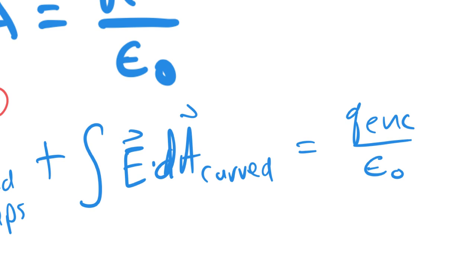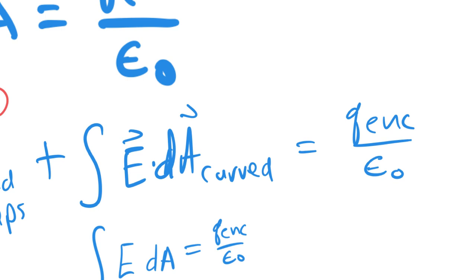And so this we can just write as the integral of the magnitude of E times the magnitude of dA times the cosine of theta between them. Theta is 0, so cosine is 1. So this is just E times dA. The dot product goes away. It's just 1 here. And that is equal to Q enclosed over epsilon naught.